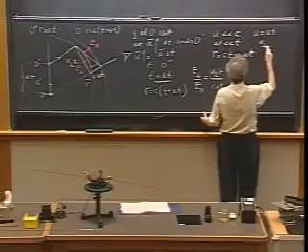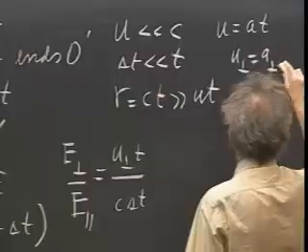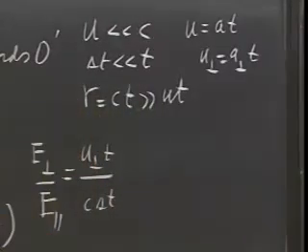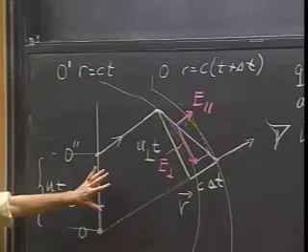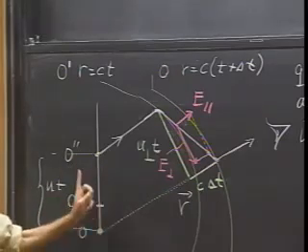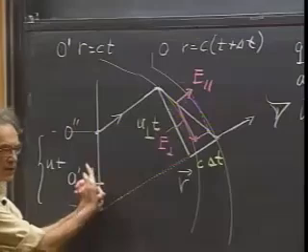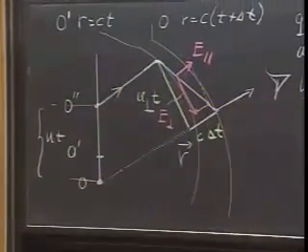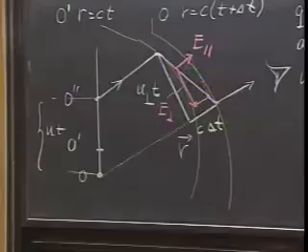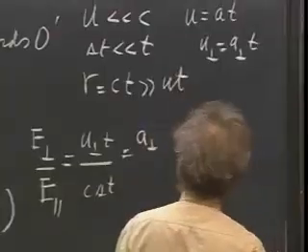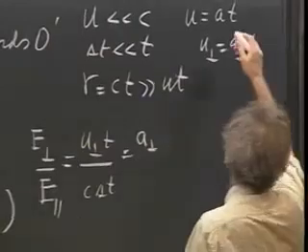So U perpendicular is A perpendicular times T. A perpendicular is now the component of the acceleration perpendicular to R. I don't want to put it in here because it becomes too cluttered, but I will make a new drawing shortly. I'll put the A in there. Acceleration is in this direction, and so A perpendicular is like this. And so I can replace U perpendicular T by A perpendicular times delta T.